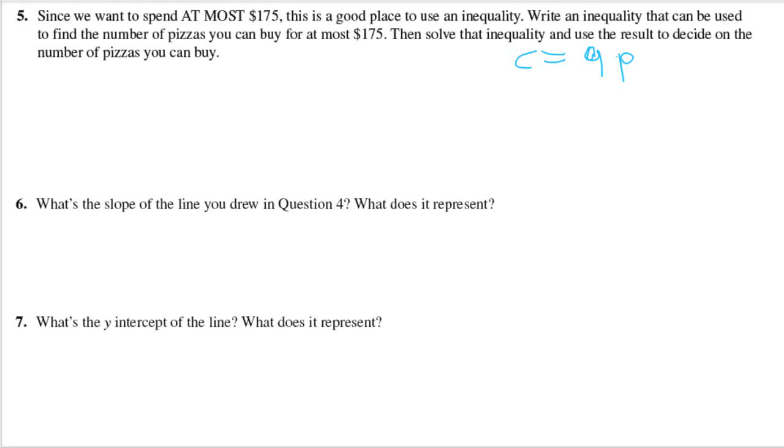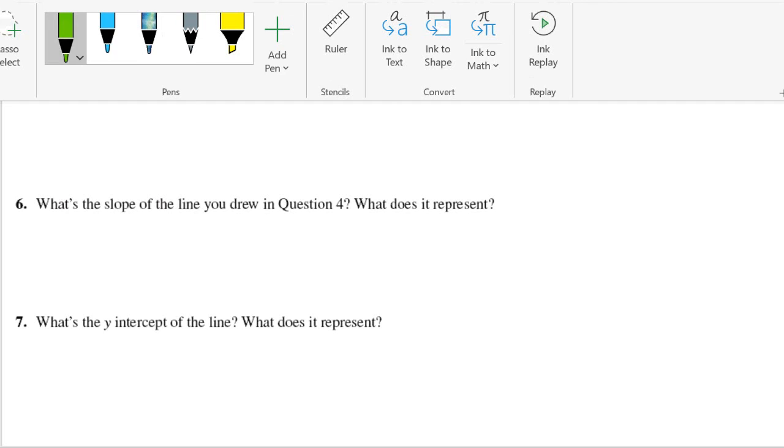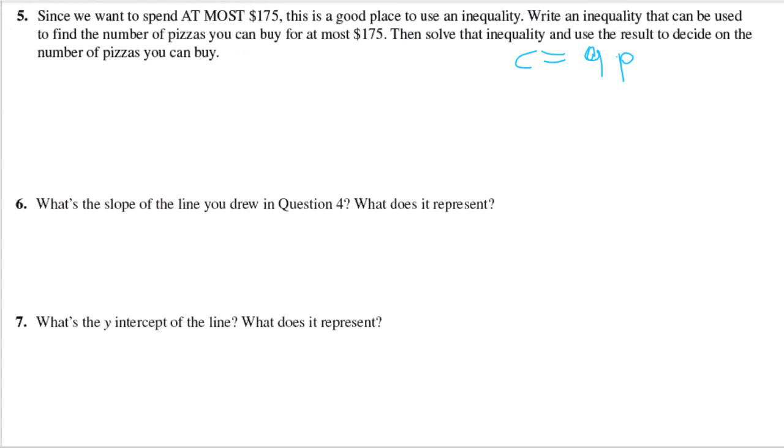So instead of our C, I'm going to go ahead and put in the value. The cost is at most $175, which means my actual price has to be less than $175, or more appropriately, $175 has to be greater than my actual cost.